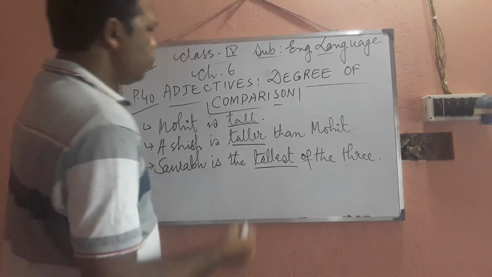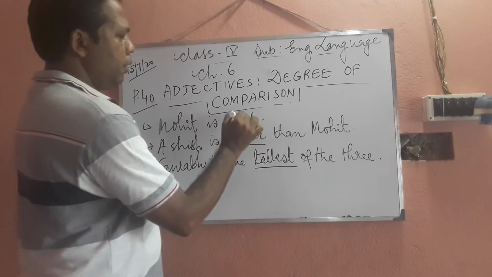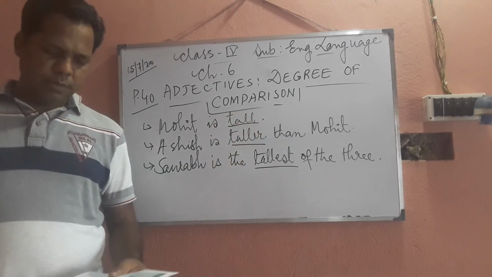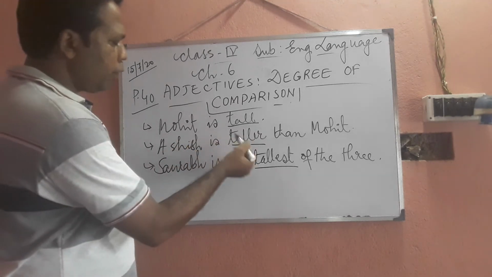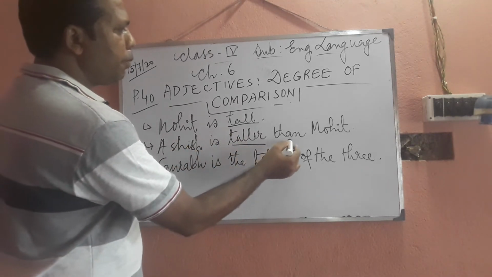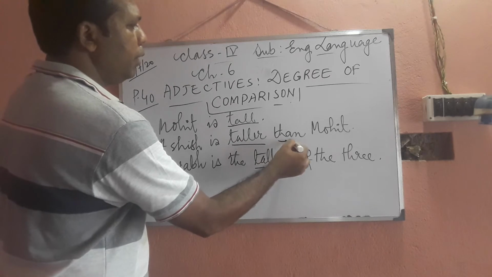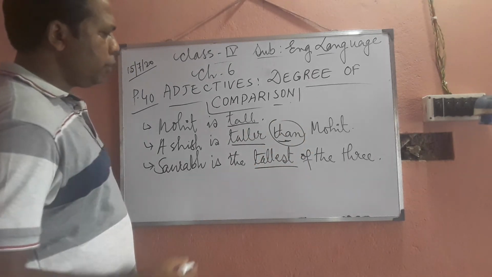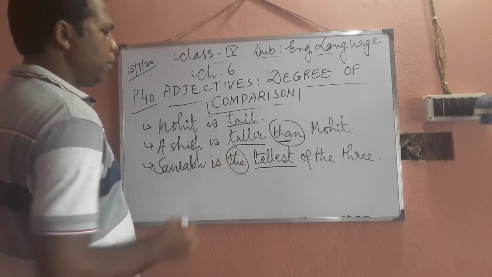So the first one is actually the positive degree, and the second one is comparative because here there is a comparison. So always this word will be added here. And in the third sentence, always you will see this particular word.